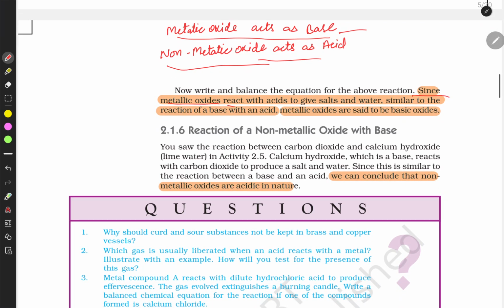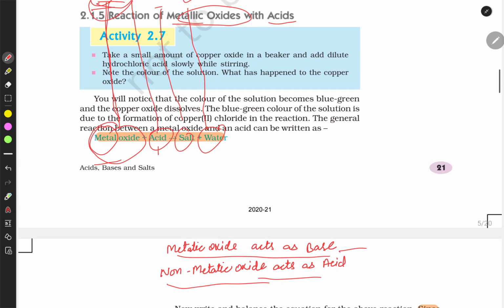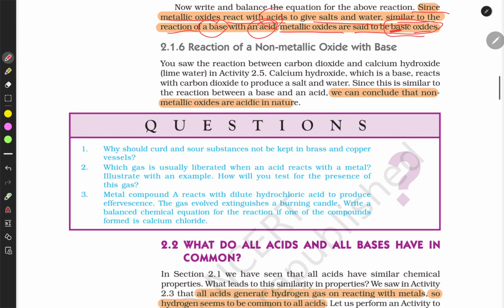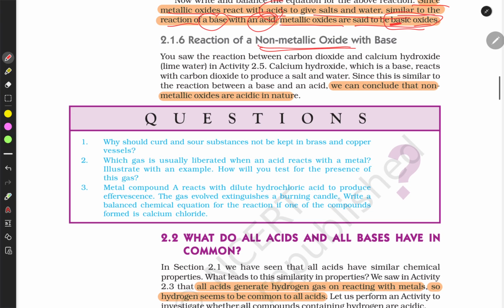Since the metallic oxide reacts with acid to give a salt and water, similar to the reaction of a base with an acid, metallic oxide is said to be a basic oxide. So they have a basic character. And what happens with the non-metallic oxide?